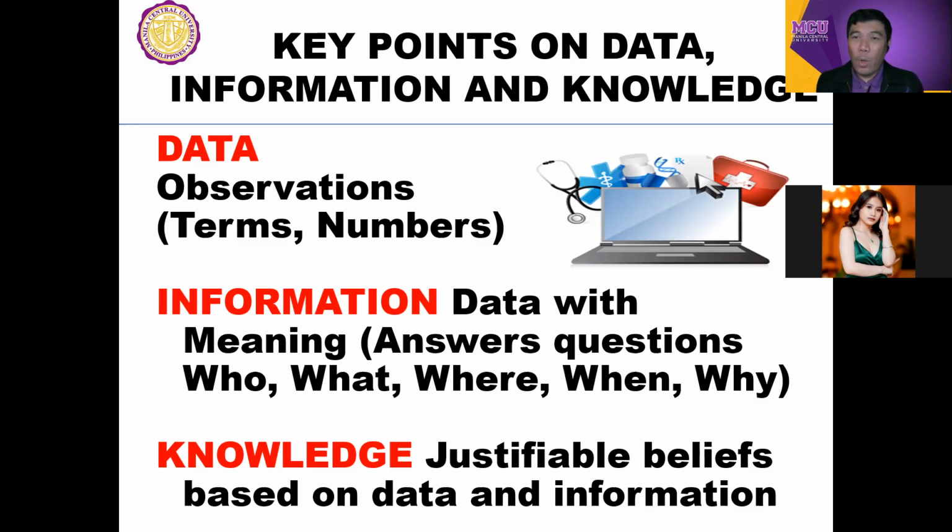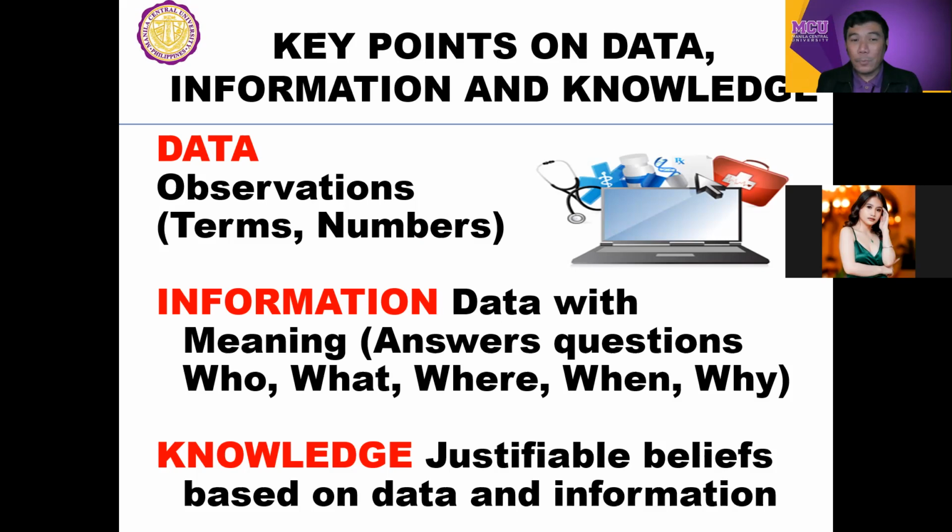If we're talking about gender, what gender are you talking about? If we talk about the information, the data with meaning, female. Now it gives you a clear view of what you need. When we describe female, we can express ourselves confidently on how to define the gender.